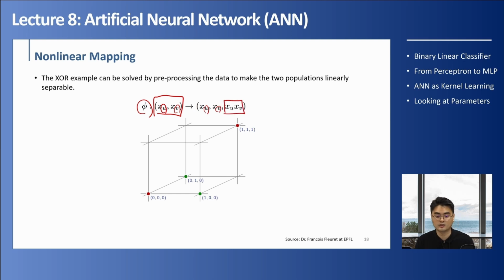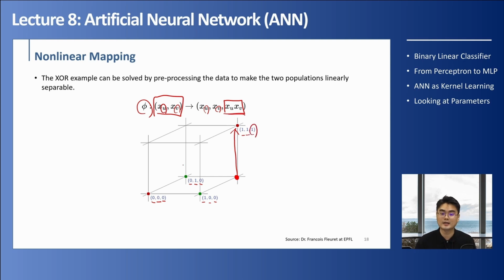xu times xv here. So 0, 0 stays 0, 0, and if we multiply 0 and 0, it will be 0. If we multiply 0 and 1, it will still be 0. If we multiply 1 and 0, it will still be 0. And the most important part happens here. Originally, we had one point here, which was 1, 1, and it becomes xu, xv, and the last dimension becomes 1 here.